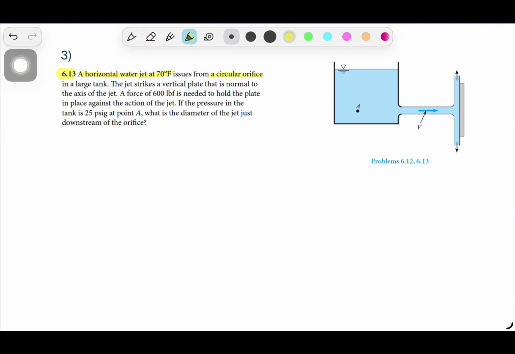The jet strikes a vertical plate, this vertical plate here, that is normal to the axis of the jet, so it is normal to the jet. A force of 600 pound force is needed to hold the plate in place against the action of the jet.